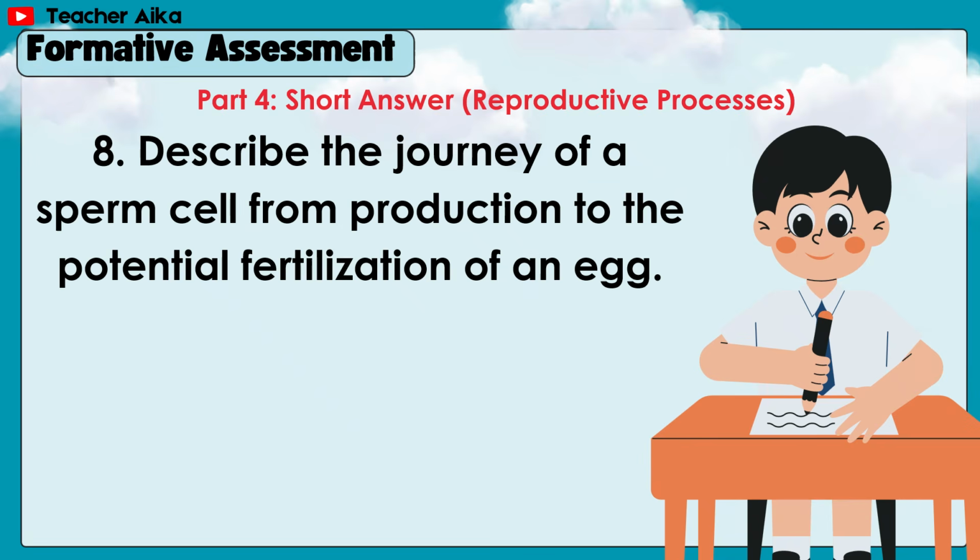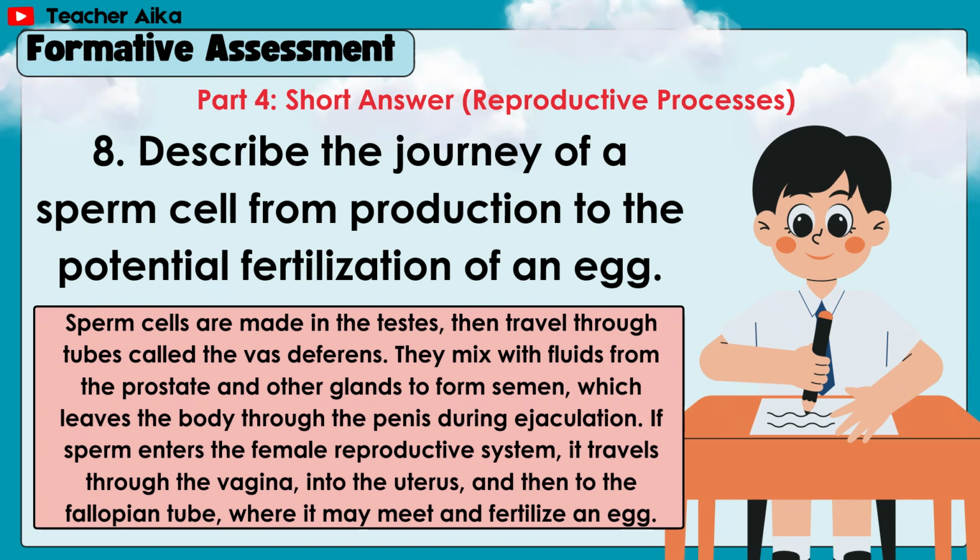Part 4, short answer, reproductive processes. Number 8, describe the journey of a sperm cell from production to the potential fertilization of an egg. Answer: sperm cells are made in the testes, then travel through tubes called the vas deferens.